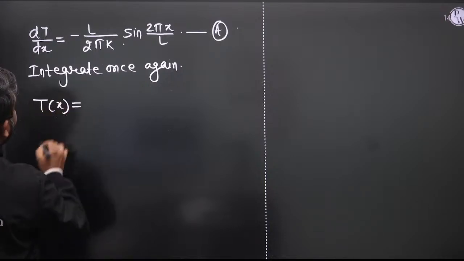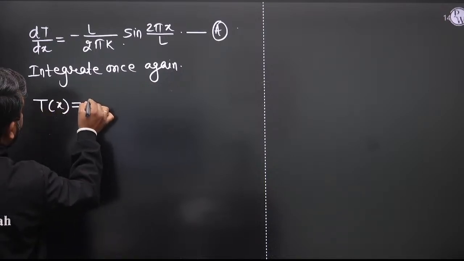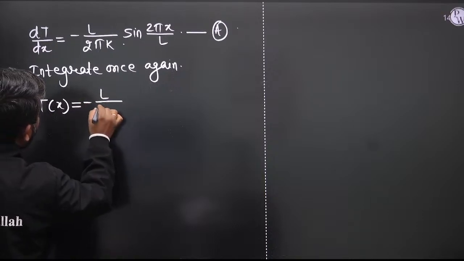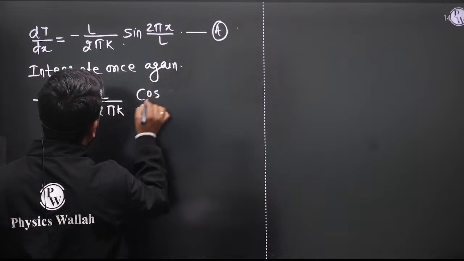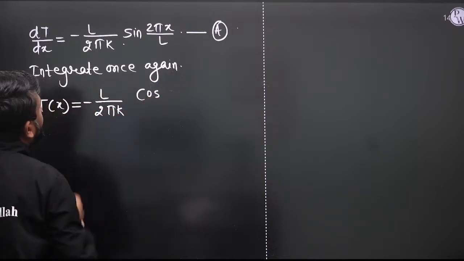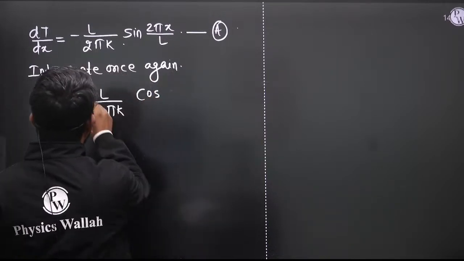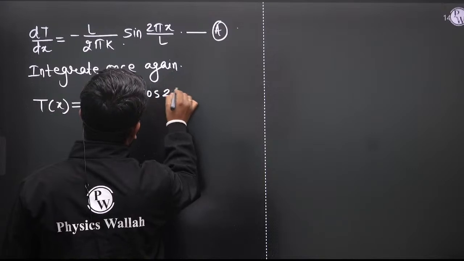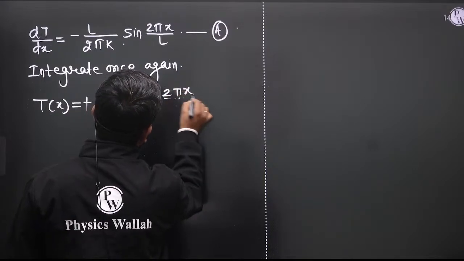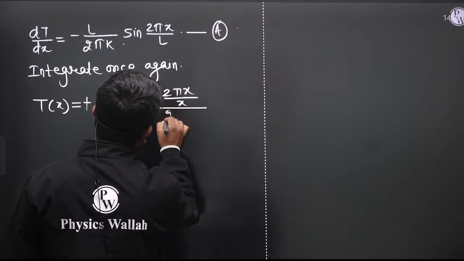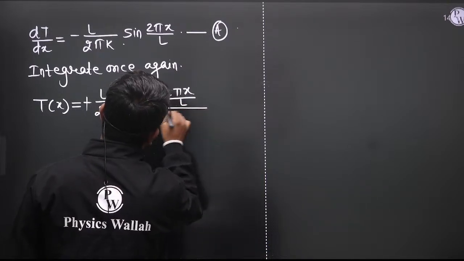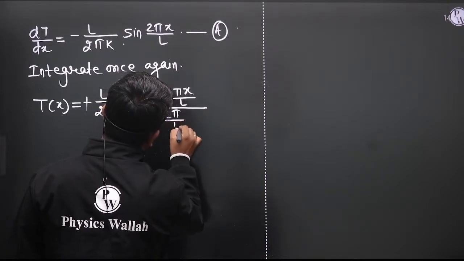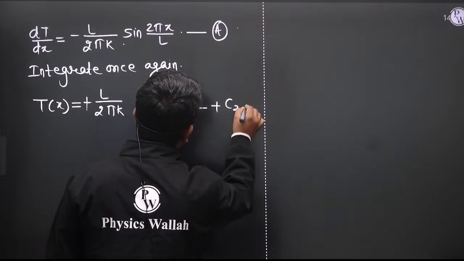The T of x is equal to minus L by 2 pi K. Right. The integration of sine is minus cos, so this becomes plus cos 2 pi x by L upon 2 pi by L, plus another integration constant, that is C2.